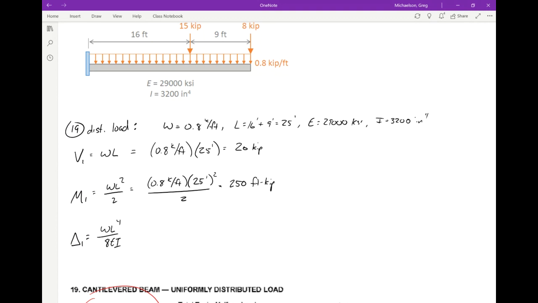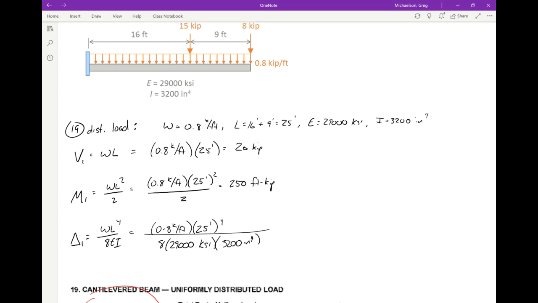Make sure you're using the correct units here. Now, for the deflection, 0.8, 25 feet to the fourth, 8, 29,000 ksi, and this is 3,200 inches to the fourth.